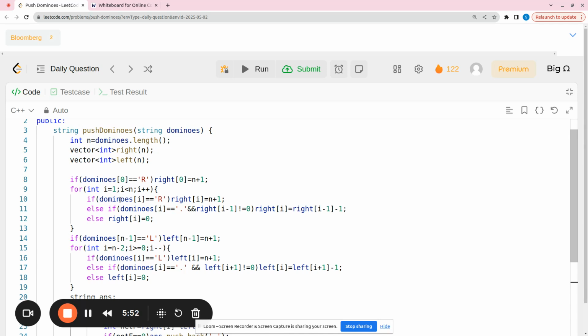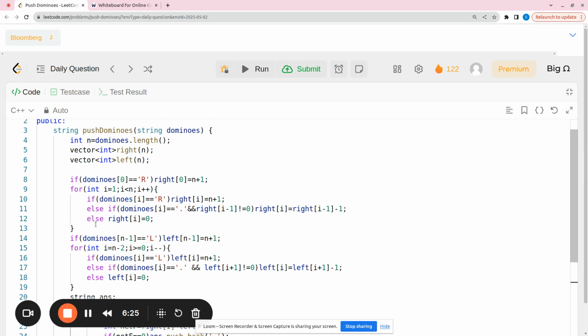Now we are traversing in this loop to fill the right vector. If we have pushed any domino right, that means its magnitude will be maximum, it will be renewed, so we'll do right of i equal to n plus 1. But if that domino is standing still and its neighbor domino has some right force, this domino will get a force equal to the neighbor's force minus 1, as the magnitude of the force decreases by distance, which we have already seen in the approach part.